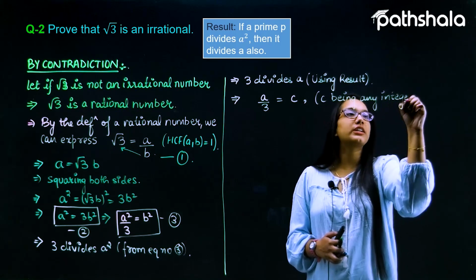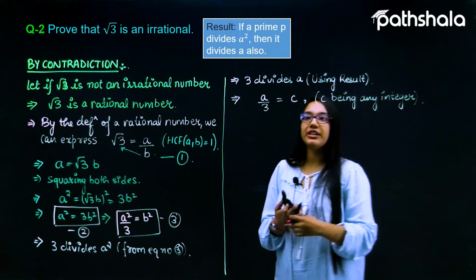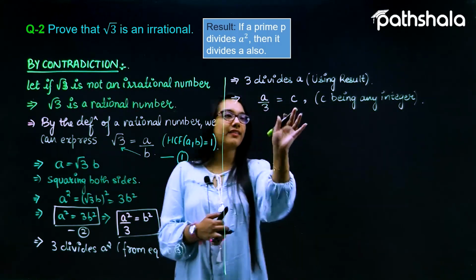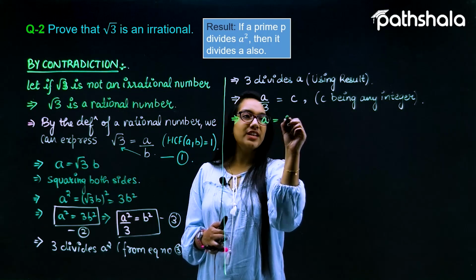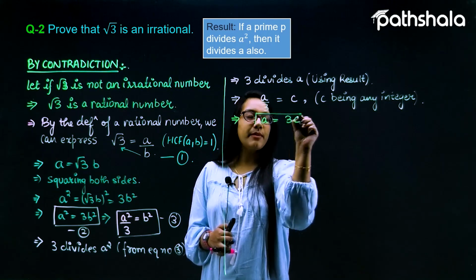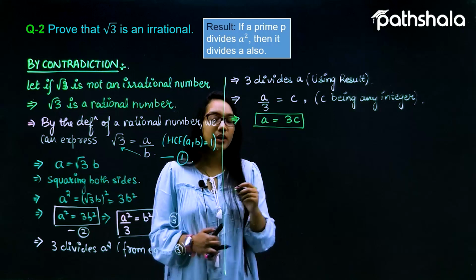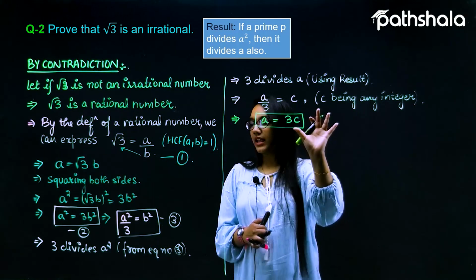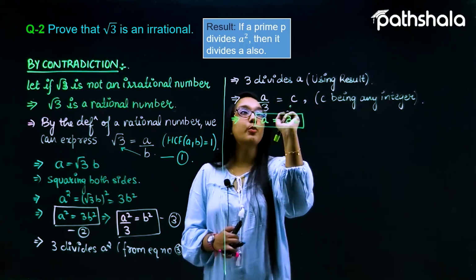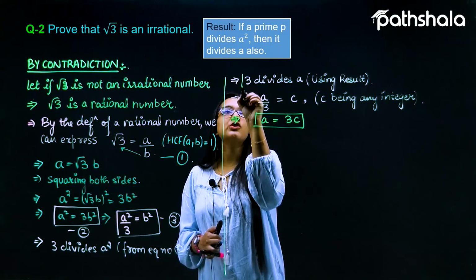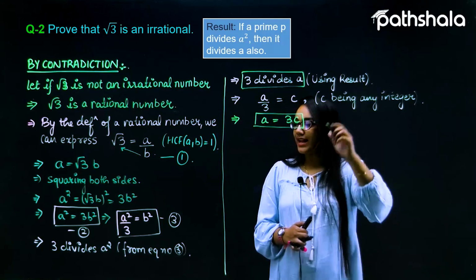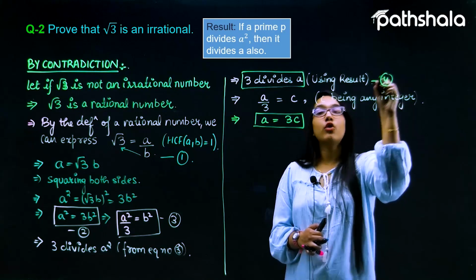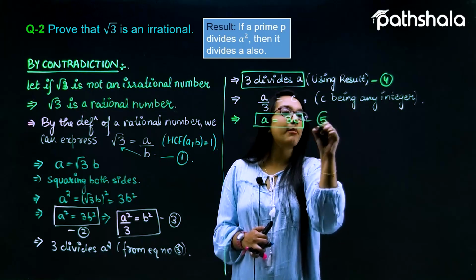So we can write a is equal to 3c. Let us call 3 divides a equation number 4, and a is equal to 3c equation number 5.